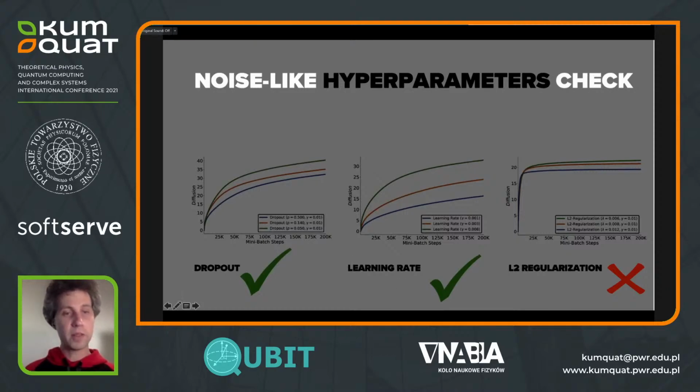You can define a number of these hyperparameters, like dropout or learning rate, which is apparently also mapped to stochasticity, which satisfy this rule and work very well. Some other hyperparameters are slightly different and might not necessarily satisfy it. So we need slightly different logic there, but it's still possible to train. And having those, we will define a new type of algorithm.